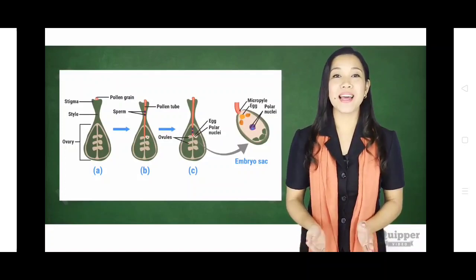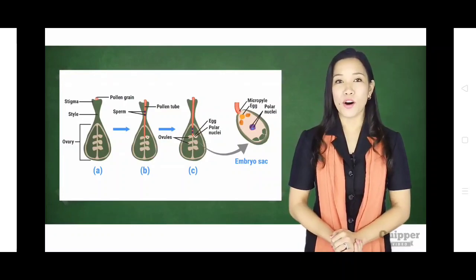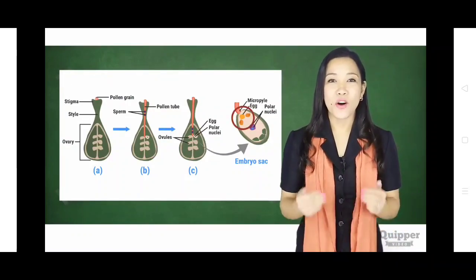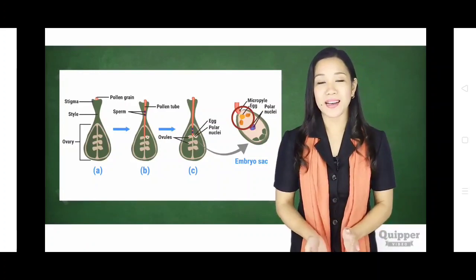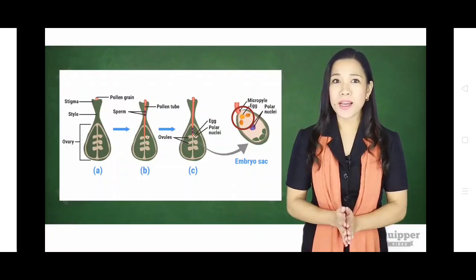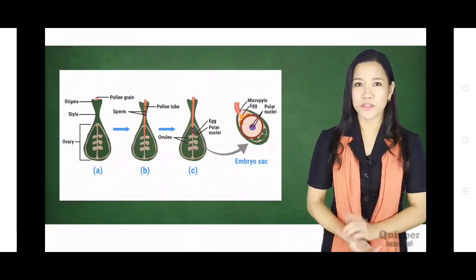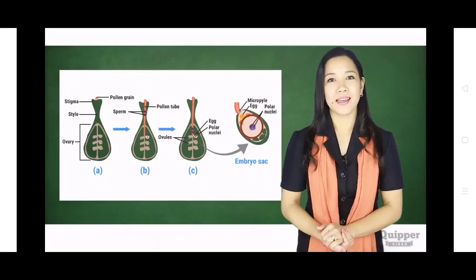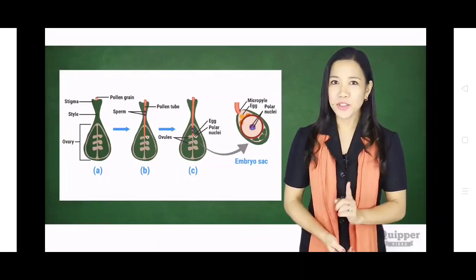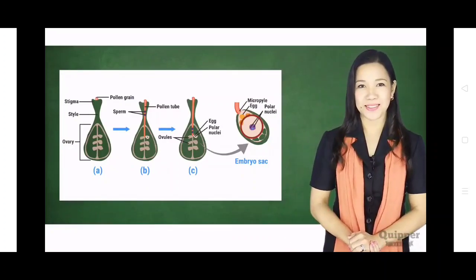The pollen tube then penetrates the micropyle, or opening of the ovule. Once inside the ovule or the embryo sac, one of the sperm fertilizes the egg, forming a diploid zygote. The other sperm fertilizes the polar nuclei, forming the triploid endosperm. This endosperm will become the food source of the growing embryo.